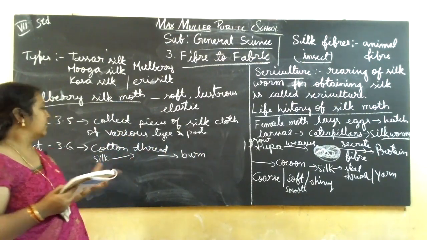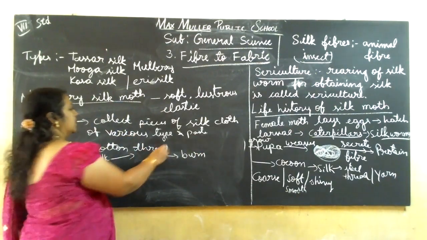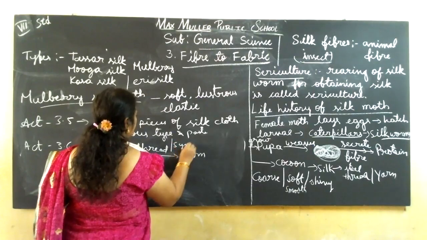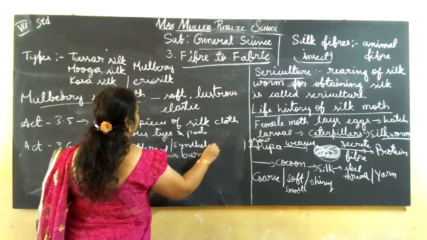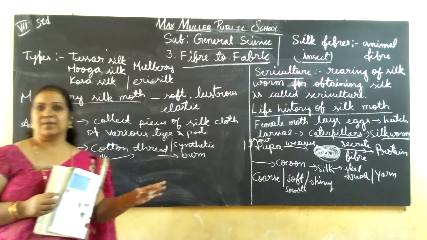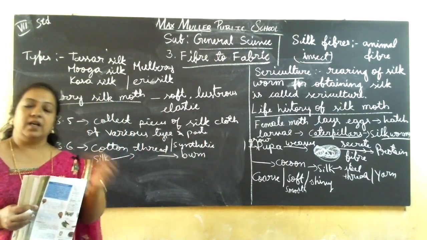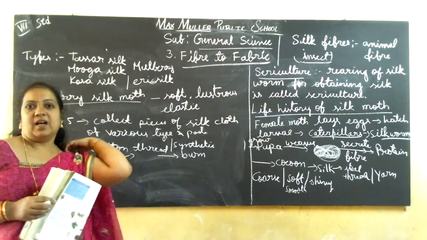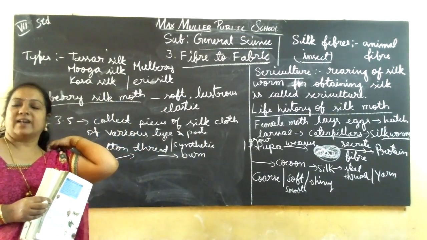Can you identify which is the cotton or the artificial silk, synthetic? If you burn cotton or any synthetic fiber, what smell are you getting and how is it burning, you see. And you burn silk fiber, find out what the difference is and write about it.